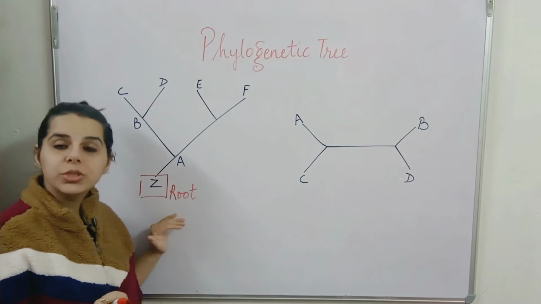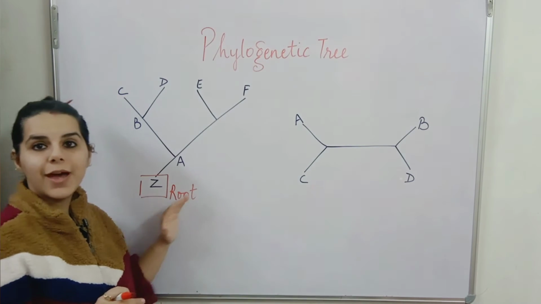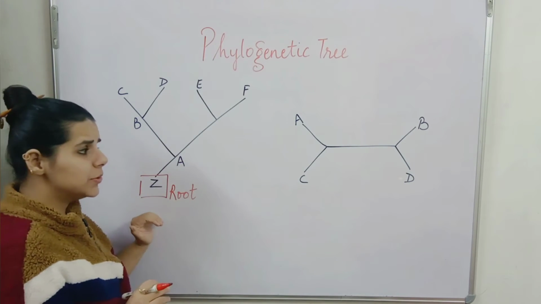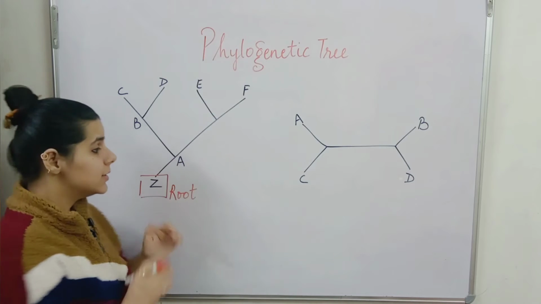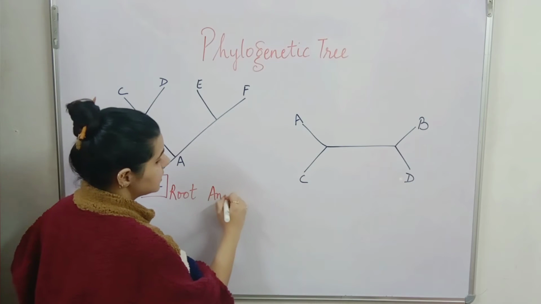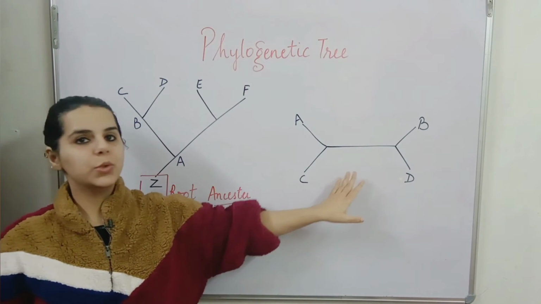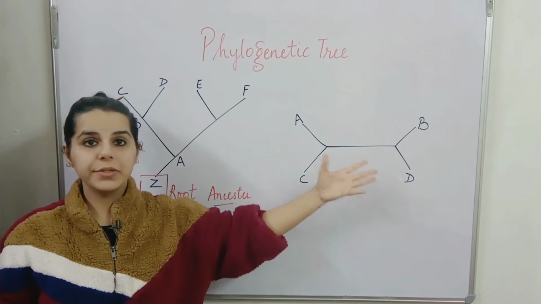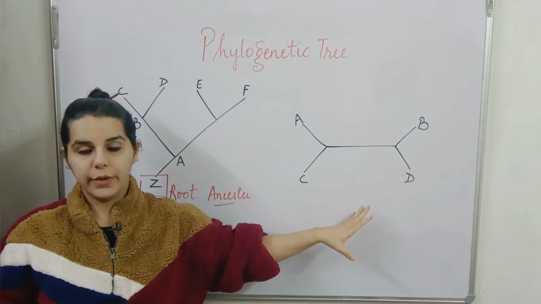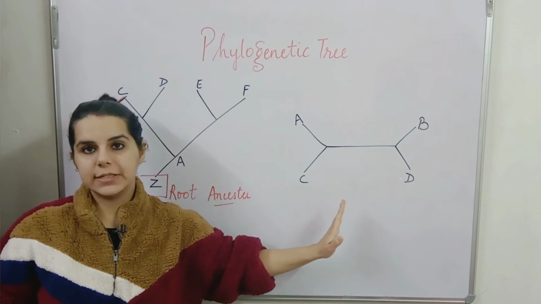Now, this is the origin from where life has started. This is the ancestor, right? Here, we don't know. There is no root, so there is no ancestor present over here. We don't know who is the actual ancestor here.